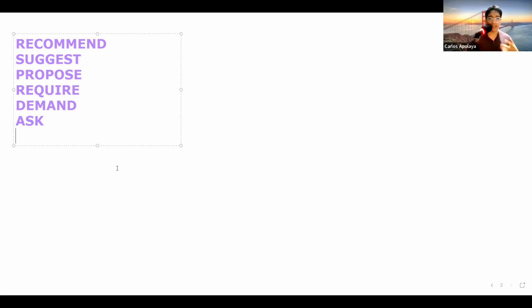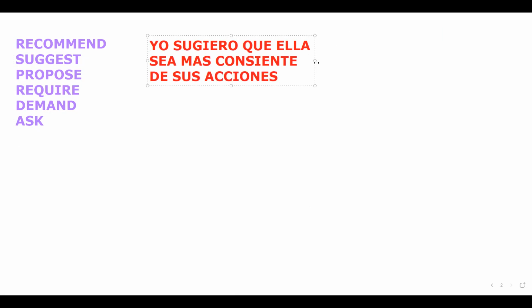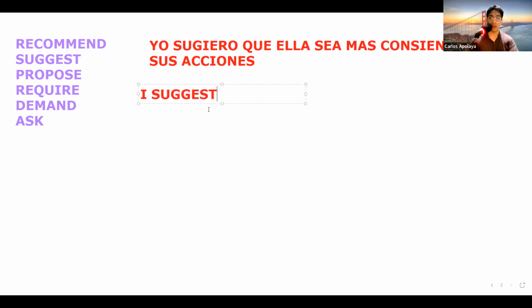So now, look at this example. How do you say, yo sugiero que ella sea más consciente de sus acciones in English? I suggest that she... No, not "she is."